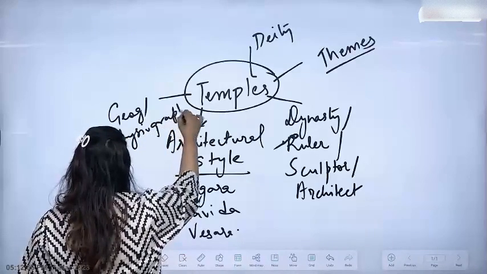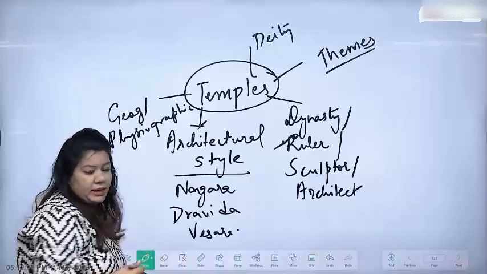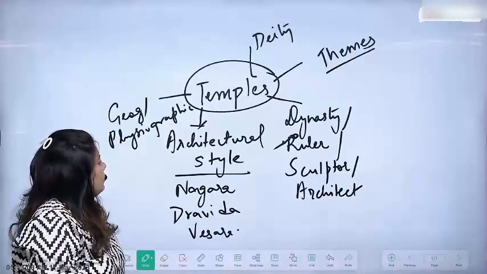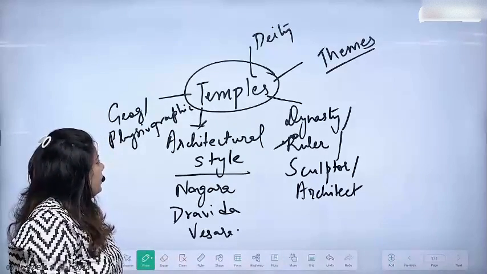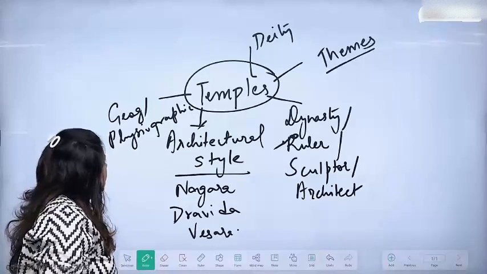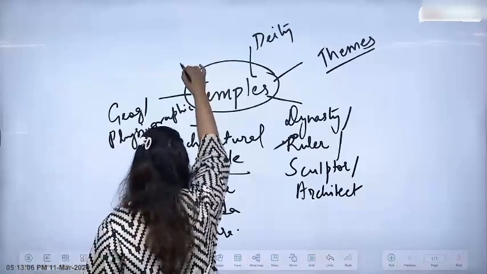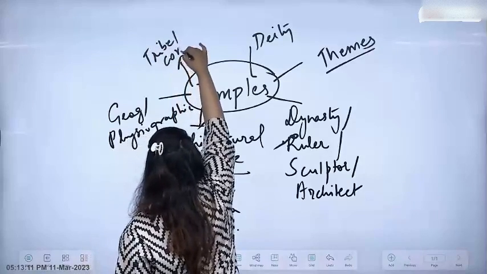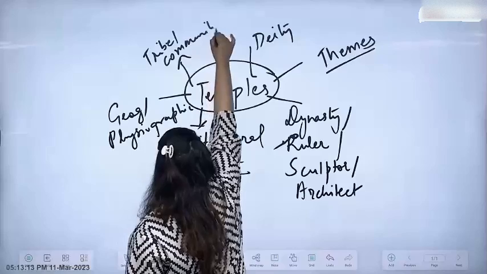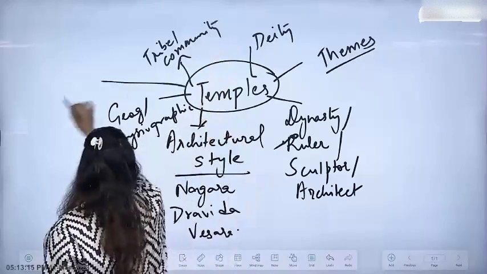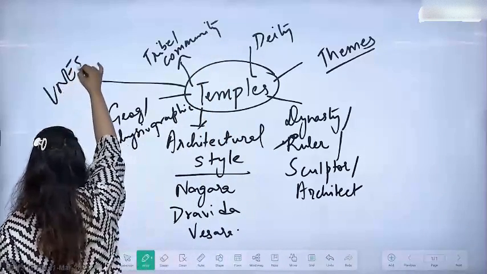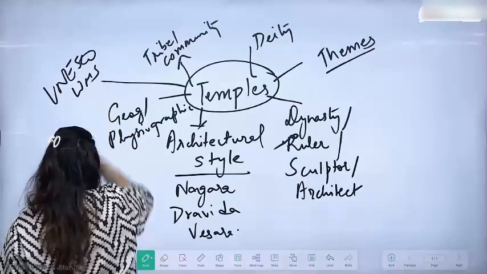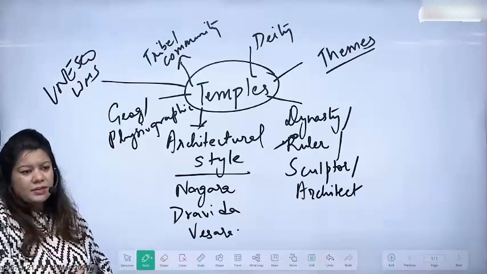For example, it's located on the banks of some river or any hill or range is nearby, right? Then if it is a temple worshipped by any tribe or community, whether it has UNESCO World Heritage Site status or something is there in current affairs.